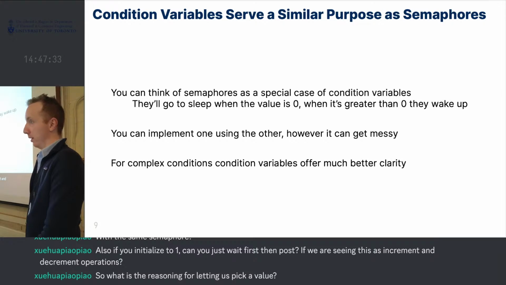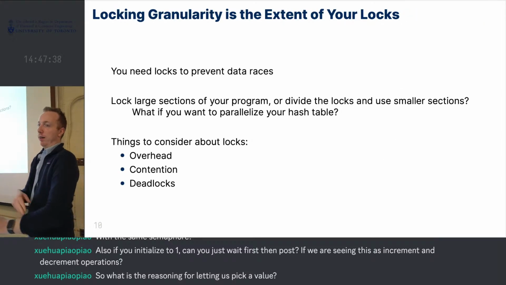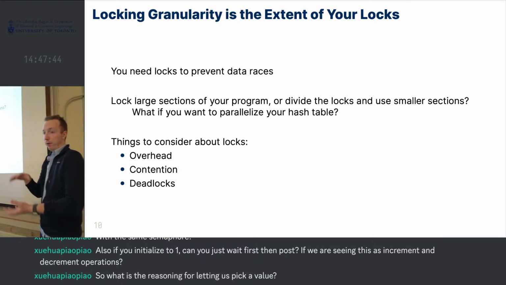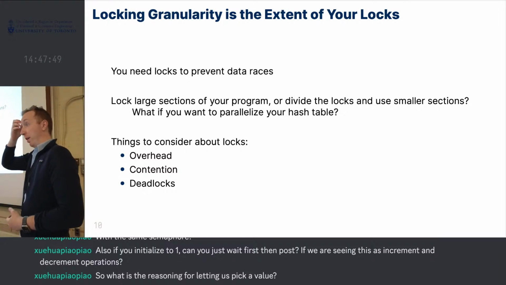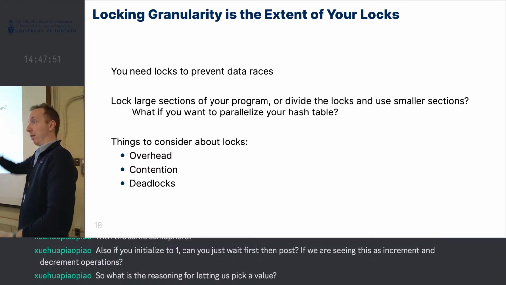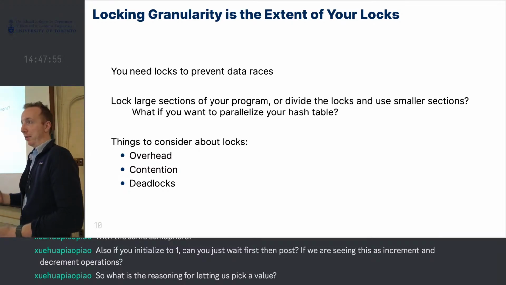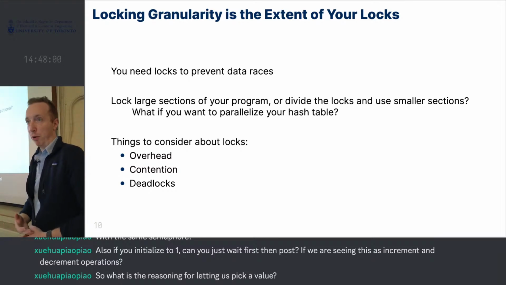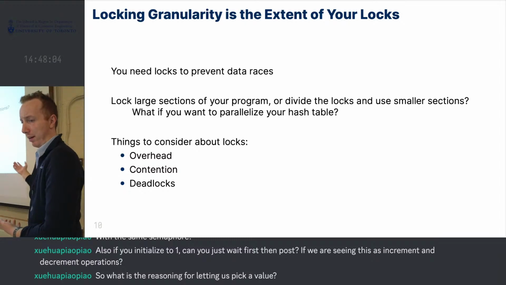All right. So next, we need to talk about locking granularity. This will be the topic of Lab 5. That's the extent of your lock. Remember, you need locks to prevent data races. But if you do something silly, like lock the entire program and make it serial, then you don't have any data races, but you've essentially made it serial with worse performance, because now you added calls to locks and unlocks.